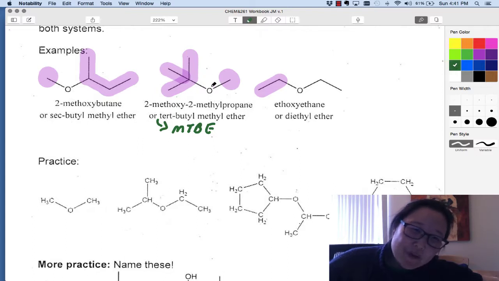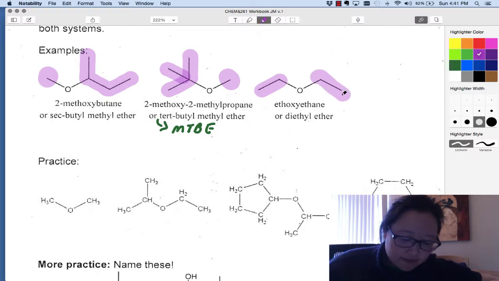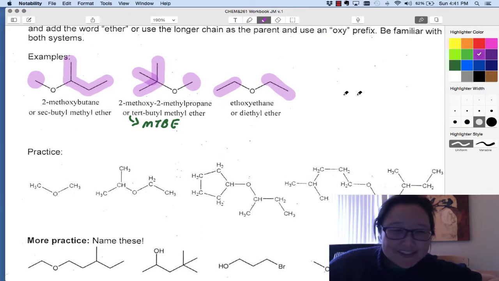So even though it burns cleaner, as does ethanol, it's soluble in water supplies, and it is fairly toxic, so they banned that. This here is ethyl and ethyl. So instead of saying ethyl ether, we say diethyl ether. Or, because it's so common, we just call it ether sometimes. But there are many ethers, so it's always good to specify diethyl ether.